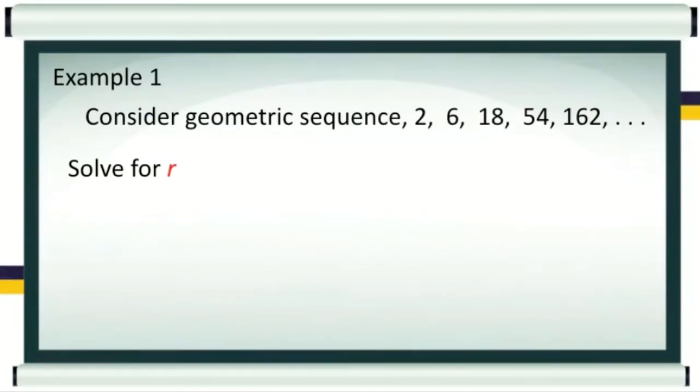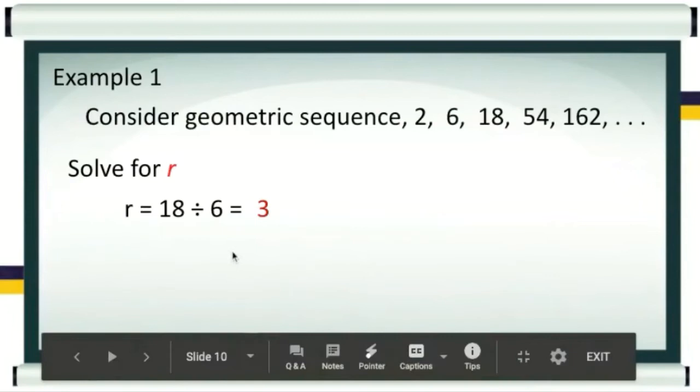It's up to you which one you start dividing. Example, we start with 18. We divide it by its preceding number, which is 6. So 18 divided by 6 is equivalent to 3.